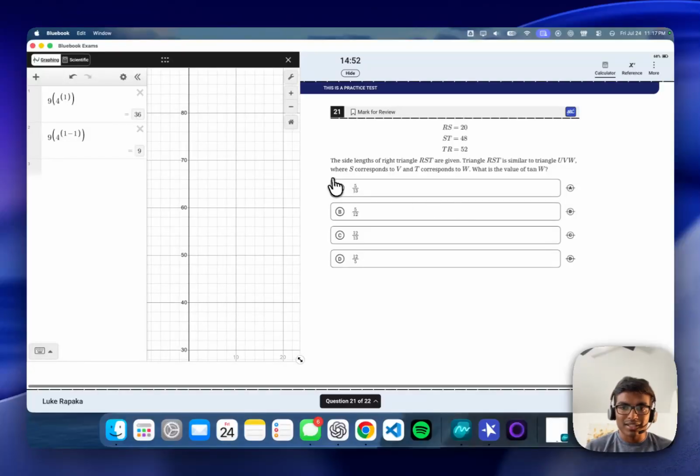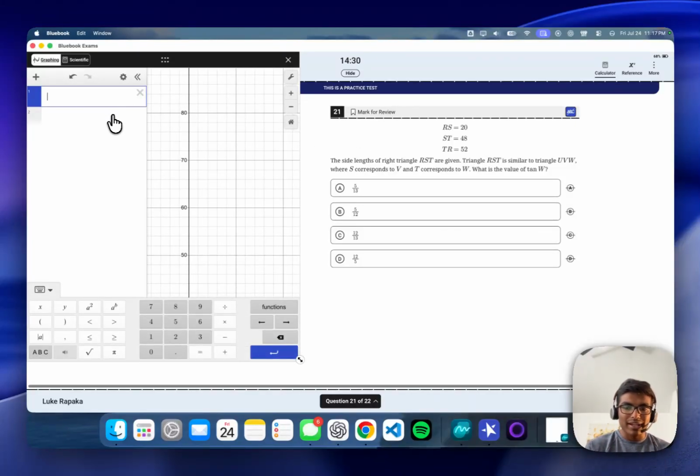Okay. The side lengths of RST are given. RST is similar to UVW, where S corresponds to V. What is the value of tangent W? Okay. So real quick, if they're telling us to do tangent, that means it has to be a Pythagorean theorem, right?